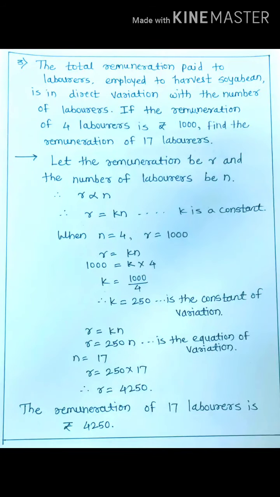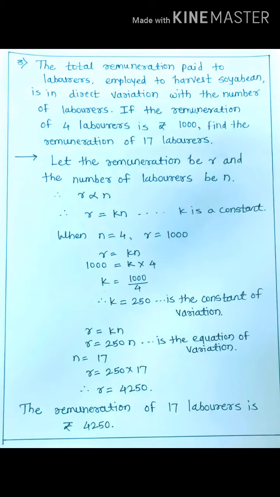Let's see the third example. The total remuneration paid to laborers employed to harvest soybean is in direct variation with the number of laborers. If the remuneration of 4 laborers is ₹1,000, find the remuneration of 70 laborers. First, consider the remuneration as R and the number of laborers as N. So, here there is a direct variation between remuneration and laborers.